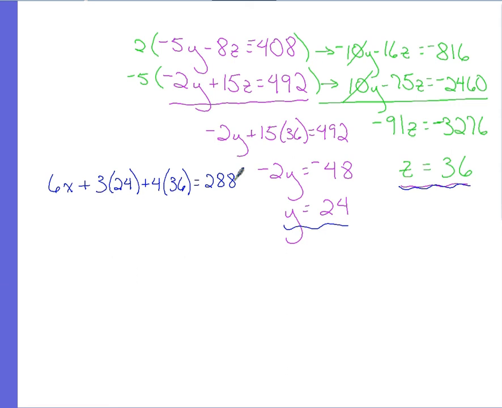So you got your 3 times your 24, your 4 times your 36. You're adding those. You're subtracting over to 288. That equals 6x. So I think when you do that, you get 72 over here. Because the answer for x should come out to be 12. Meaning our ordered triple as our answer here, x, y, z, would be 12, 24, 36. Our winning pick 3 numbers.